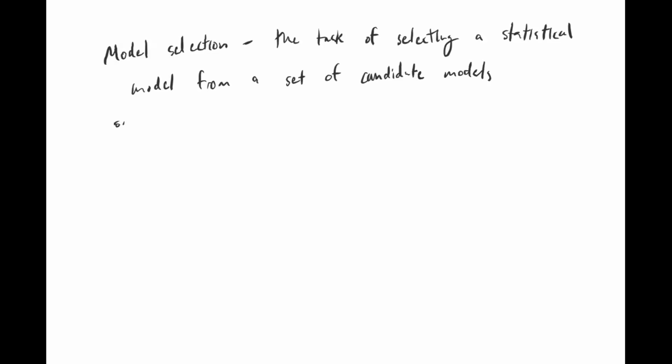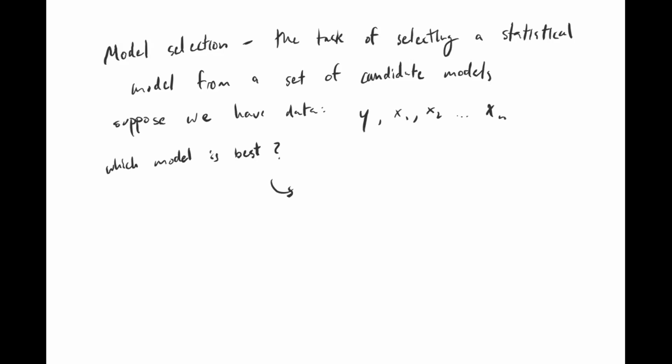And so suppose we have data for y, x1, x2, dot, dot, dot, xn. There's a question of which model is best, right? And so we could have a whole slew of models here.